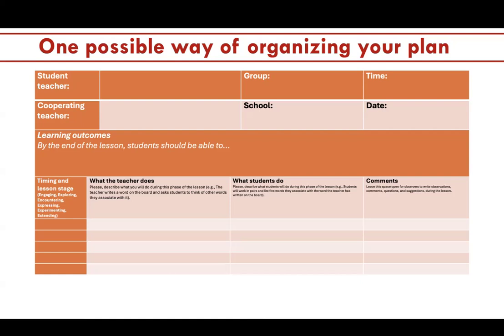There you put, please describe what students will do during this phase of the lesson. For example, students will work in pairs and list 5 words they associate with the word the teacher has written on the board. The last column, the comments column, we leave open for observers to make comments, ask you questions, make recommendations, make indications about the lesson.